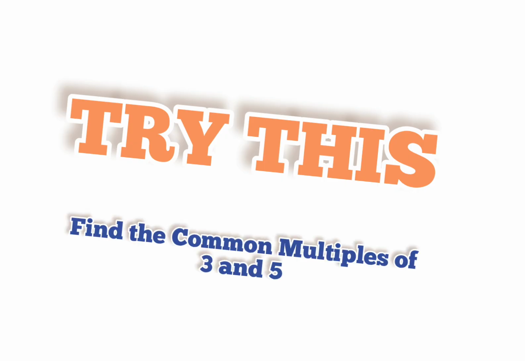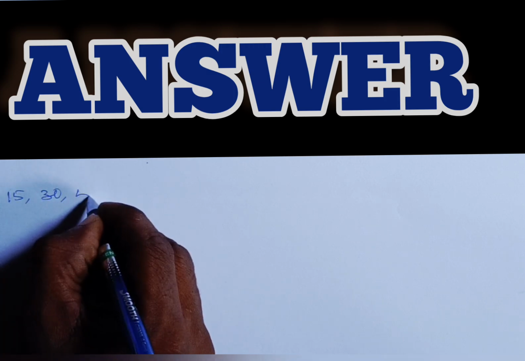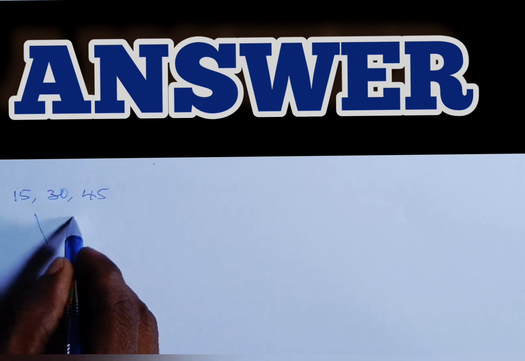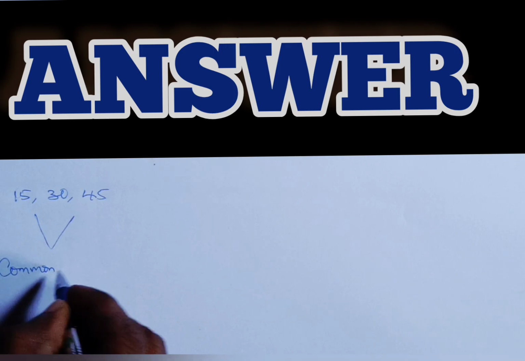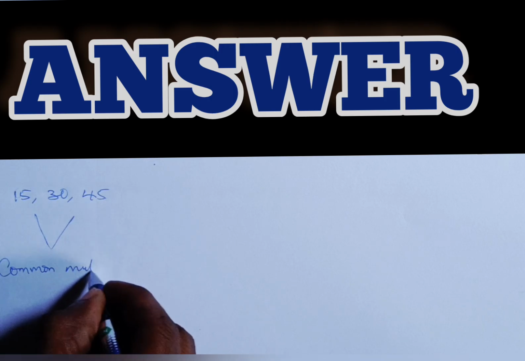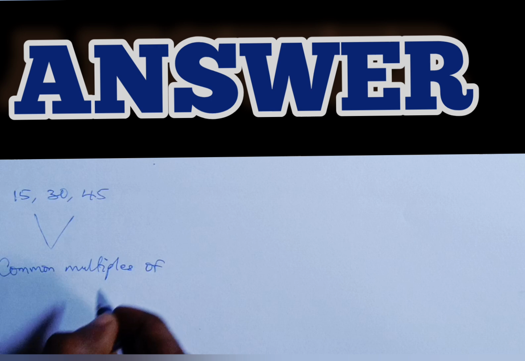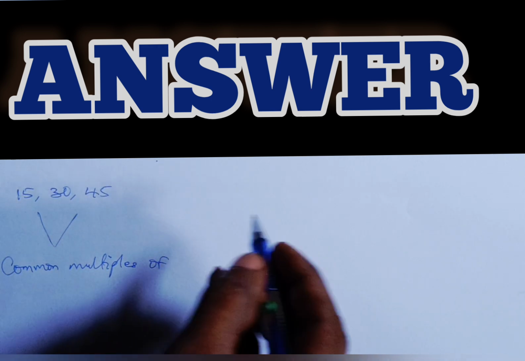Which numbers are multiples of both 3 and 5? 15, 30, and 45. They are the common multiples of 3 and 5.